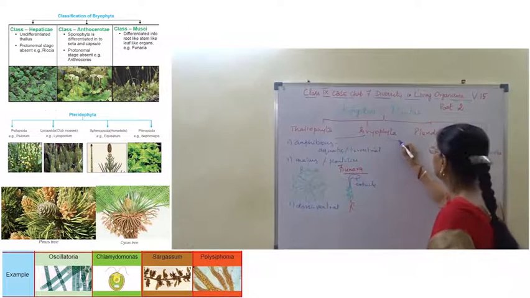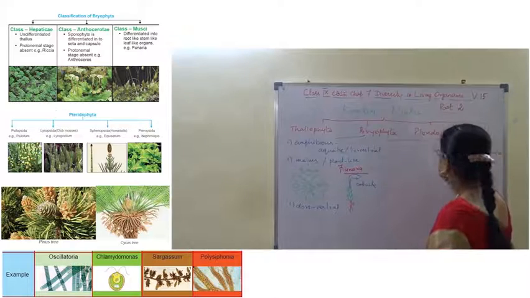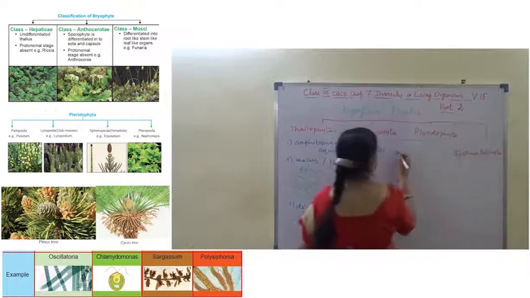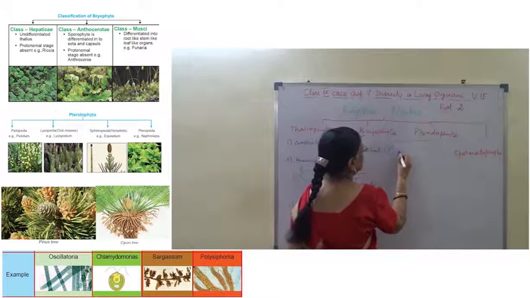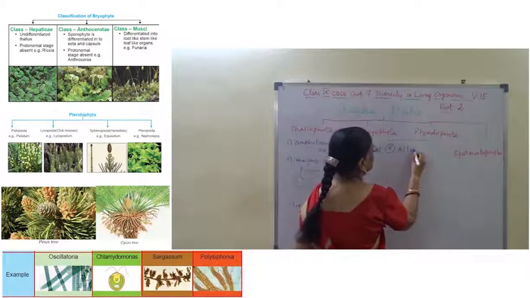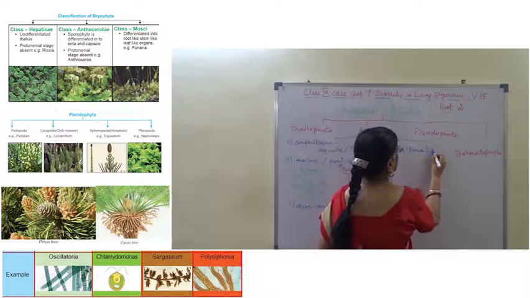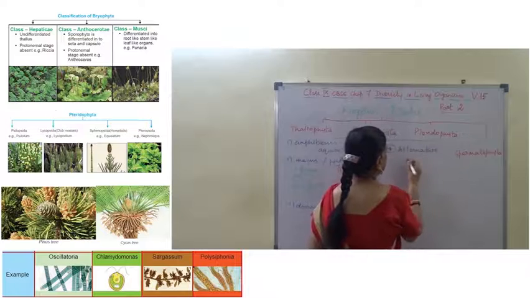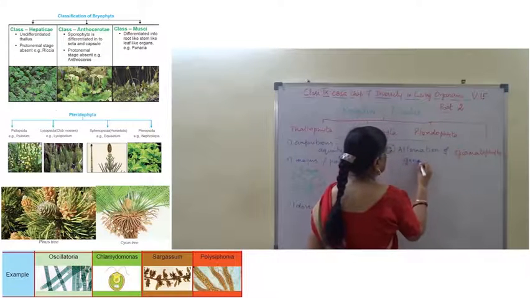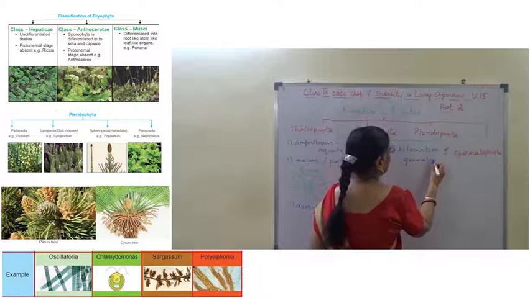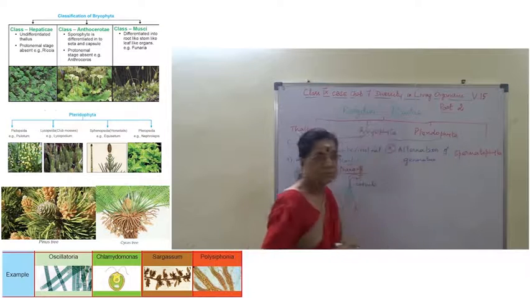Bryophyte and pteridophyte, and to some extent spermatophyta, show the most important phenomenon called alternation of generation. What do you understand by that?